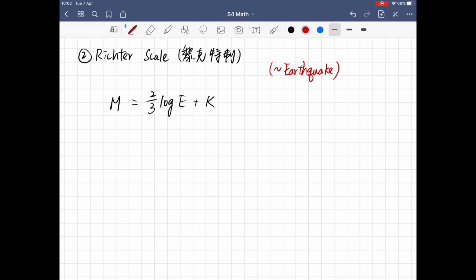So again, we don't have to memorize this formula, but we have to identify each symbol. Okay, so for the M, it is talking about how large or how strong that earthquake is. So it is talking about the magnitude.